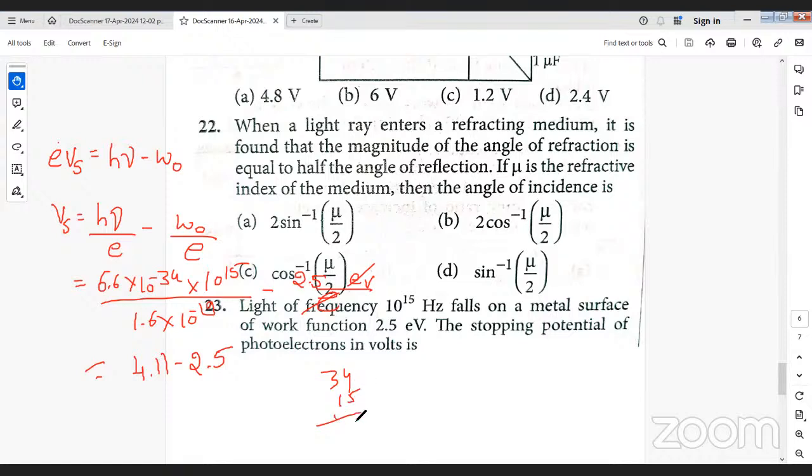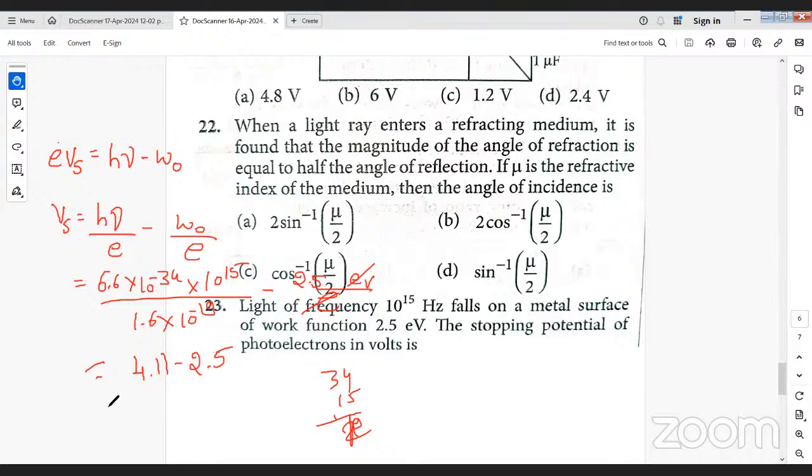Sorry, minus 34 plus 15 plus 19, that power will get cancelled. So therefore 6.6 divided by 1.6 is 4.11 minus 2.5.